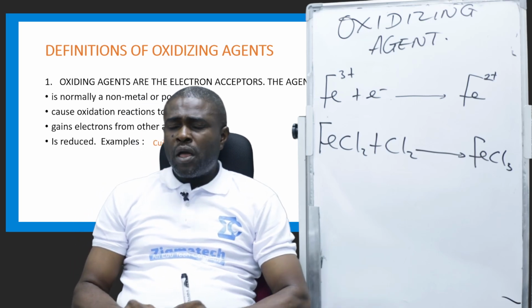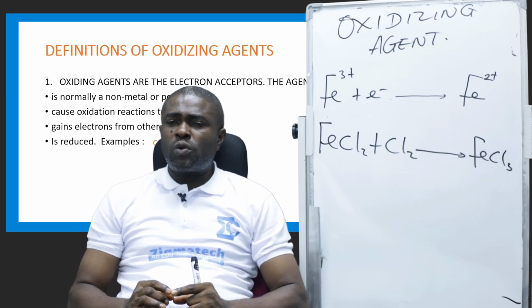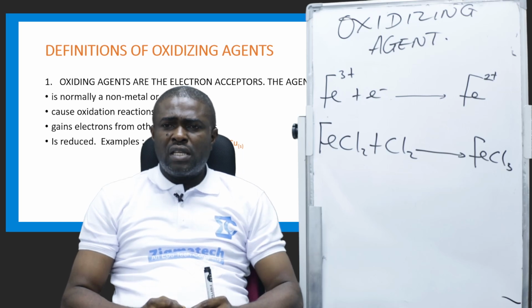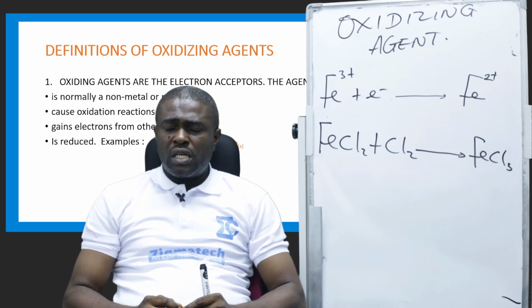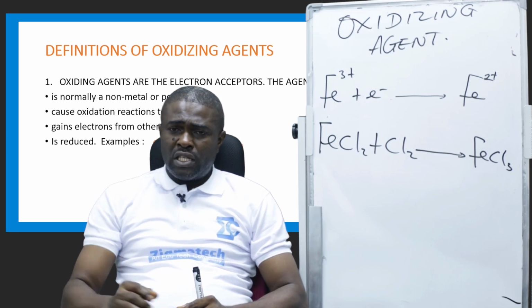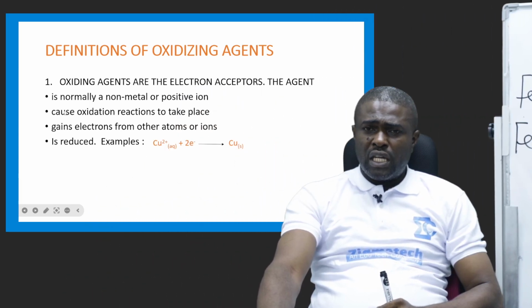In summary, that particular element, that particular compound that gains the electron, it is the one considered to be what? An oxidizing agent. That is the point we are talking about here. It is the agent that gains the electron from other atoms.